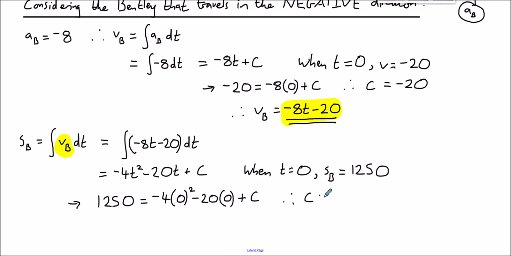Therefore, the constant of integration must be 1250. So therefore, we know that the displacement of B must be given by minus 4t squared minus 20t plus 1250.